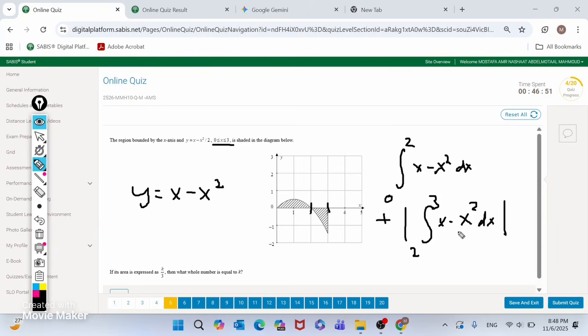Now guys, if you put all of that on your calculator, you're gonna get, see, I need to put the question on my calculator to get the answer, so just give me 2 seconds. Integral from 0 to 2 of x minus x squared, plus absolute value, 2 to 3, x minus x squared.